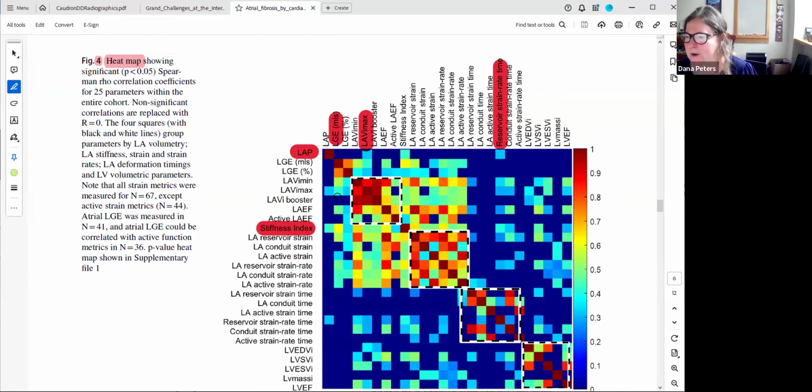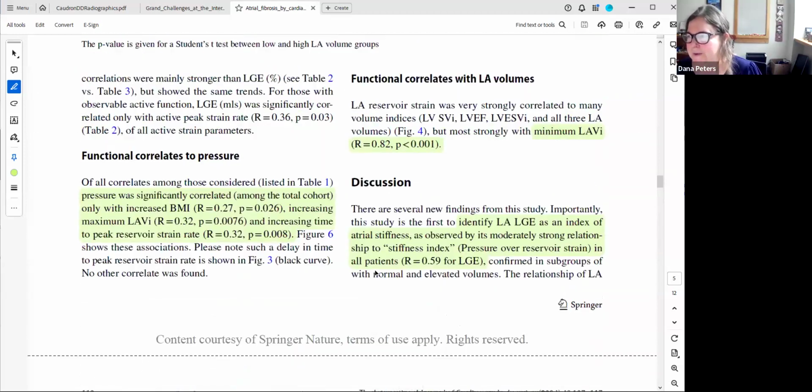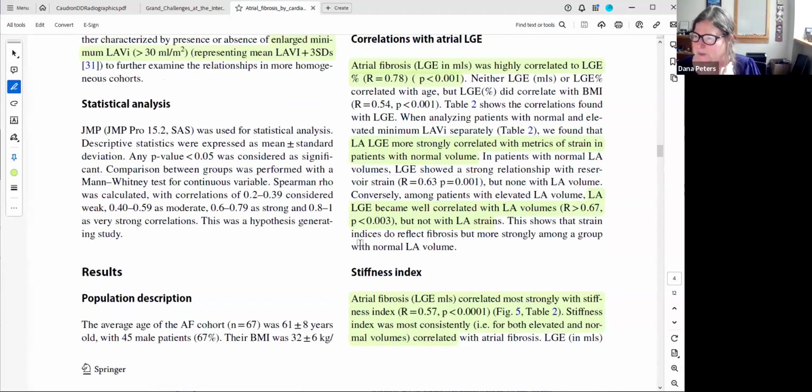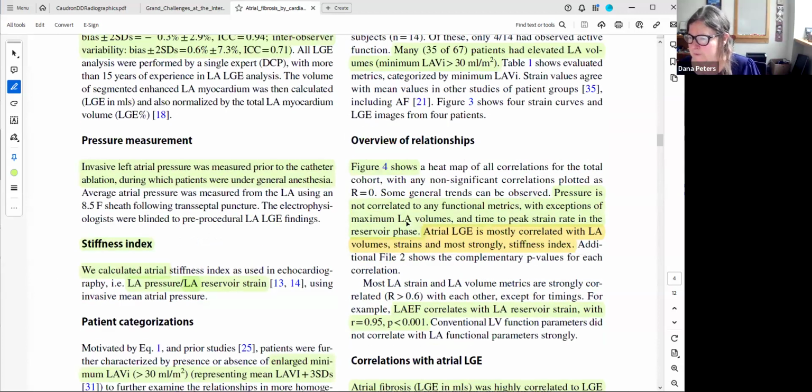But for example, LA ejection fraction and LA reservoir strain are correlated with an R value of 0.95. So that's high. So that's sort of what we found with this heat map.